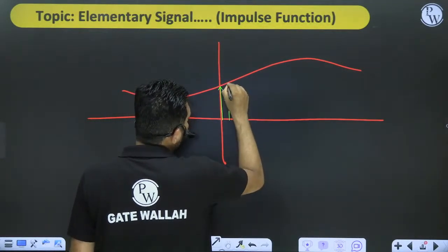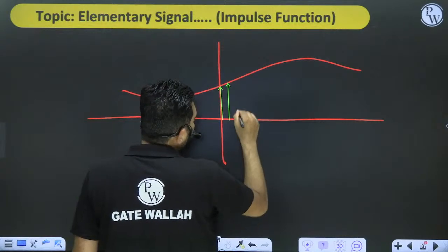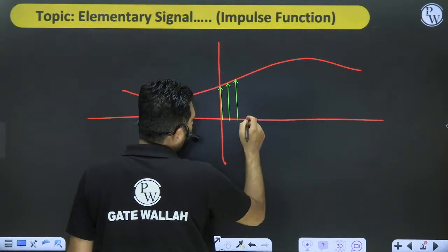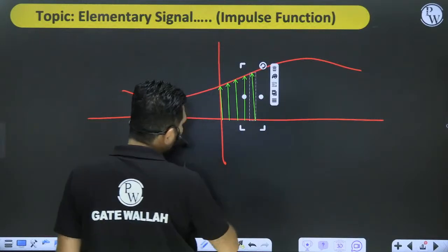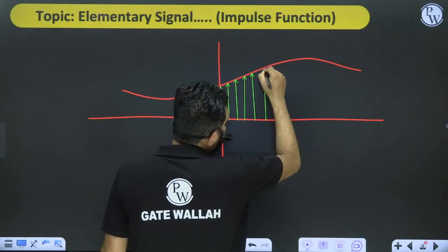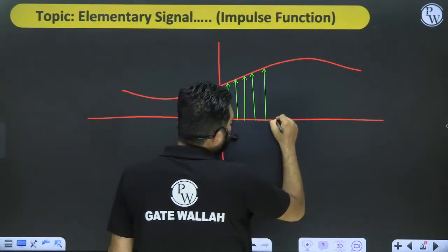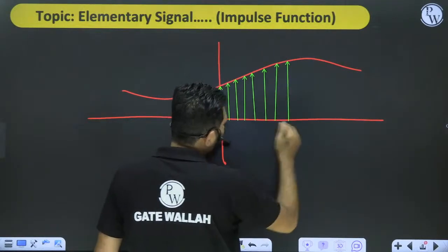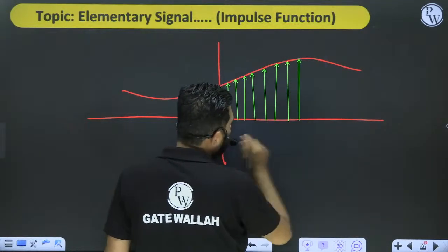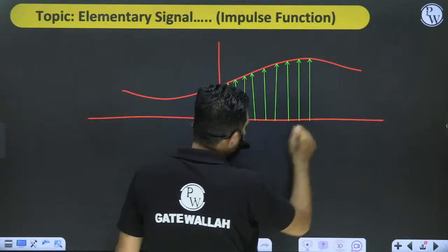Now for understanding I am making a gap, but mind it, there is no such gap between these impulses. The ideal gap is 0. Let's imagine like this, in this way.